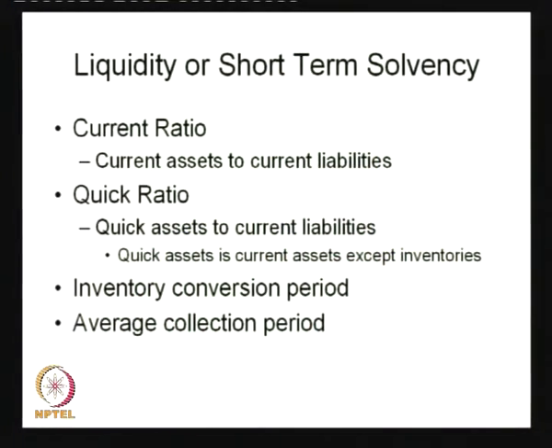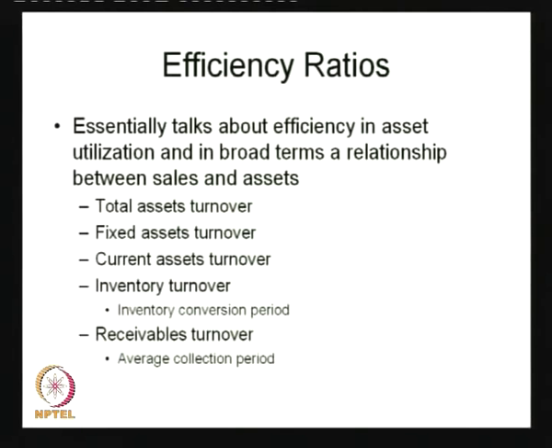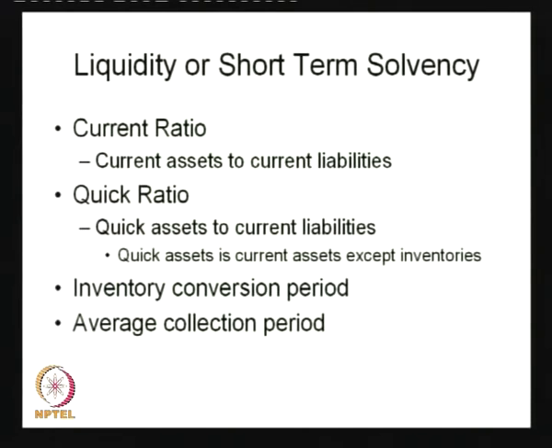Then in the liquidity or short term solvency we also talk about inventory conversion period and average collection period, as we have discussed in the previous slide. These are efficiency ratios. Inventory conversion period talks about how quickly the inventory purchased or procured is converted into cash.